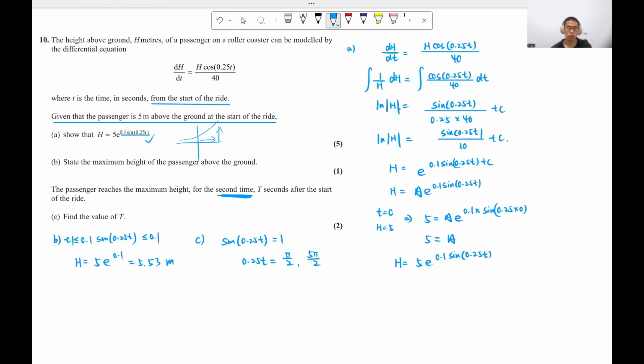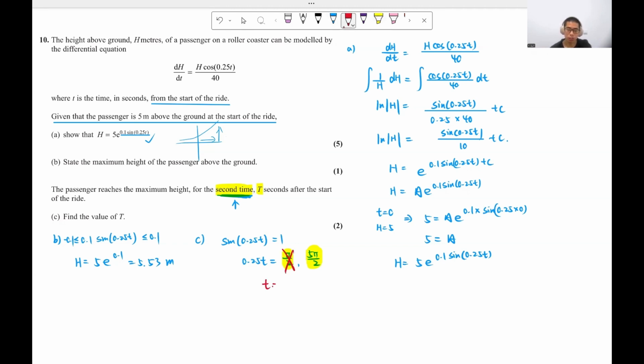Because time cannot be negative, we're only looking for the positive time. And because it says for the second time, this pi over 2 is the first time reaching the maximum height, but they want us to find the second time reaching the maximum height. So that has to be 5 pi over 2. So ignore this one.